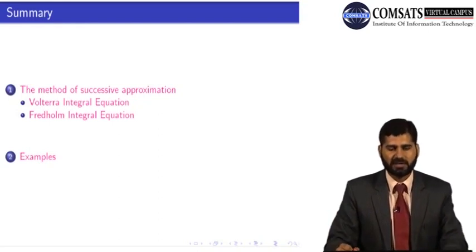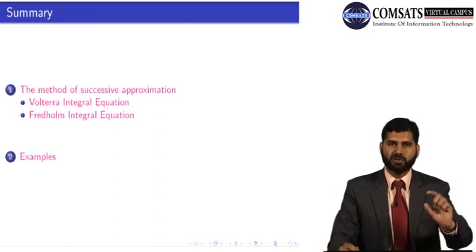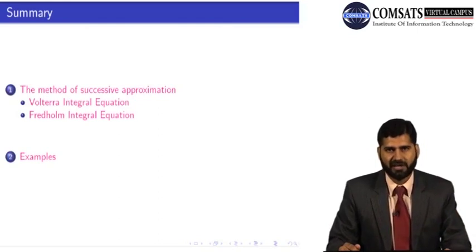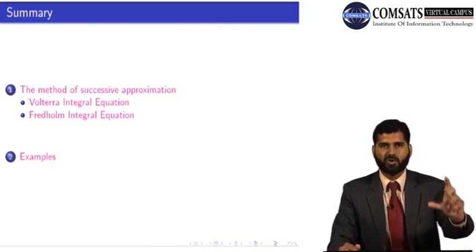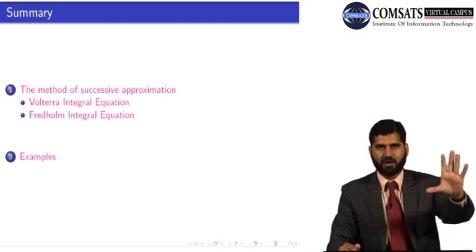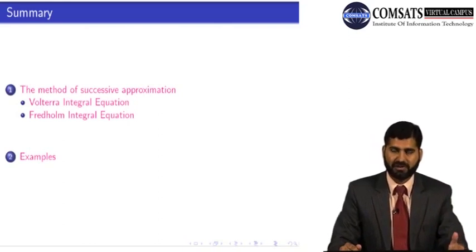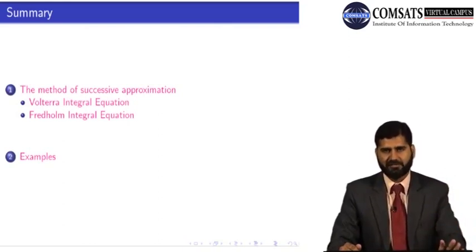All right, guys, so it was very easy. The method of successive approximation was not difficult at all. You should know the derivation as well. You may be asked to derive these formulas in your quizzes or exams. So you should know the whole process of finding that resolvent kernel formula.